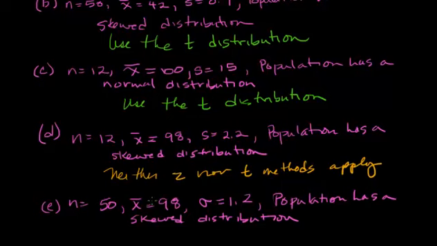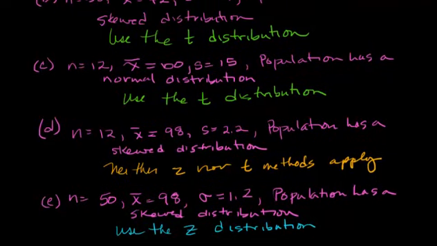The next question is, is the population normally distributed? No, it isn't. It says it has a skewed distribution. Then the next question says, is n greater than 30? Well, yes, it is. So that leads us to say that we can use the z. Sigma is known, and our sample size is greater than 30, so it doesn't matter about the population's distribution.